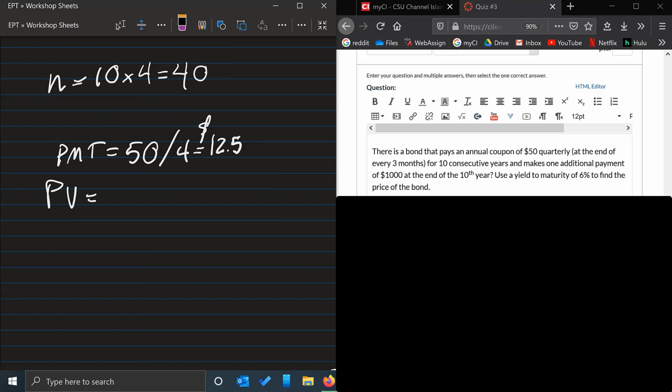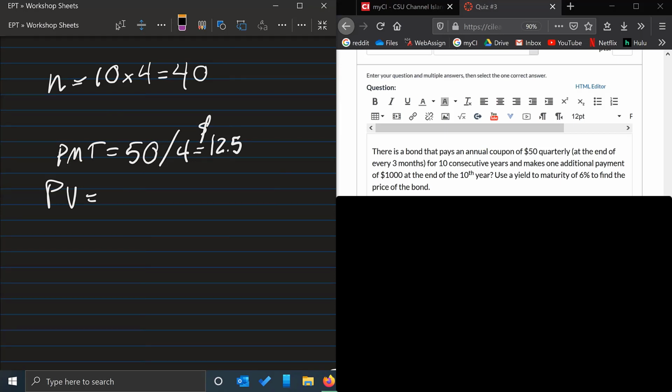Perfect. Cool. What is the rate? Well, the rate is 6% per year. Now you have to divide that by 4 if you're going to do this all on a quarterly basis, because once you change n, you can't change n without changing IY.